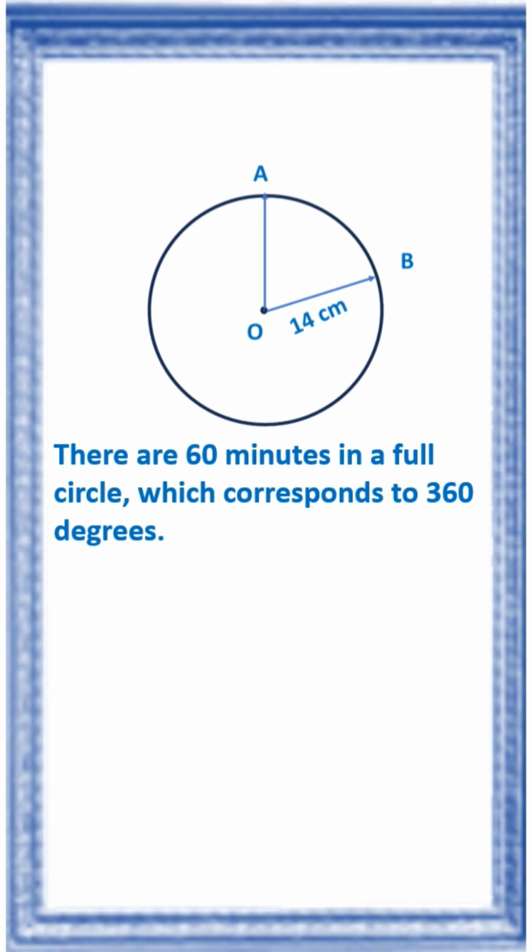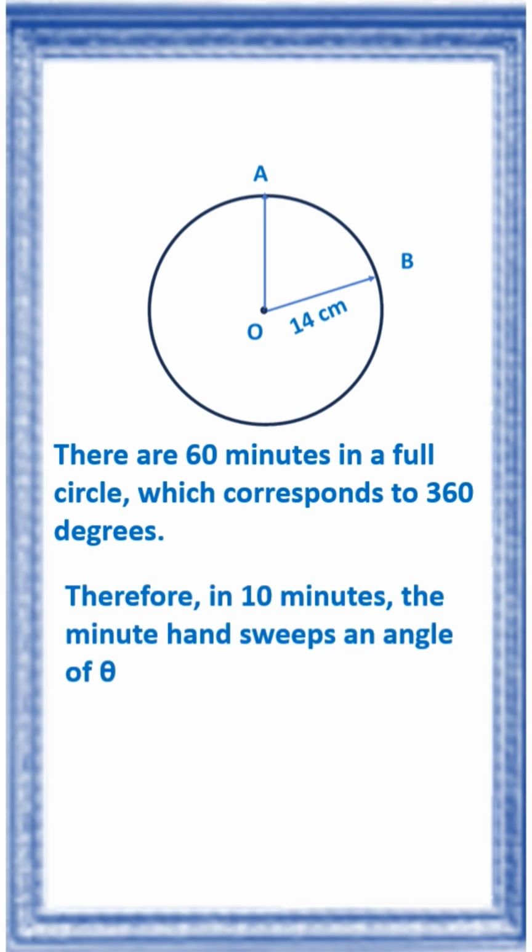One full circle means 360 degrees, isn't it? Therefore, in 10 minutes, the minute hand sweeps an angle theta. Now theta is equal to 10 by 60 into 360. Here the 6 sixties cancel. So theta is how much? 60 degrees.